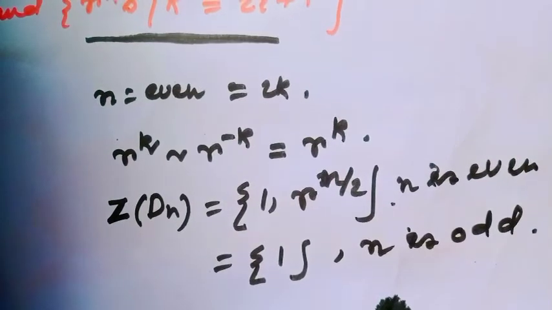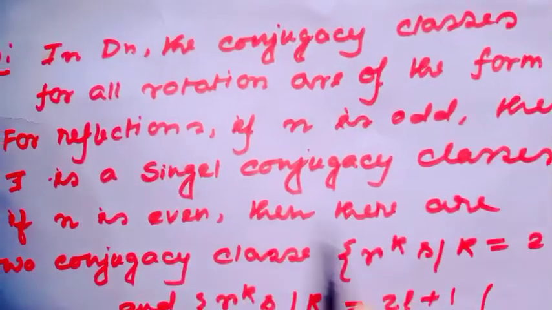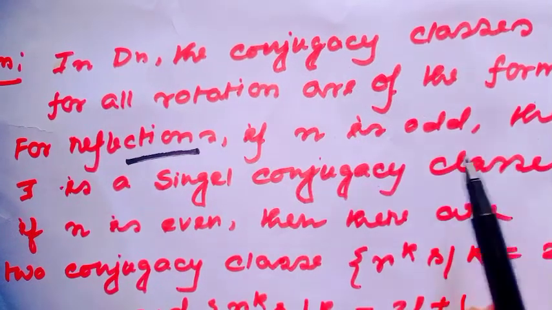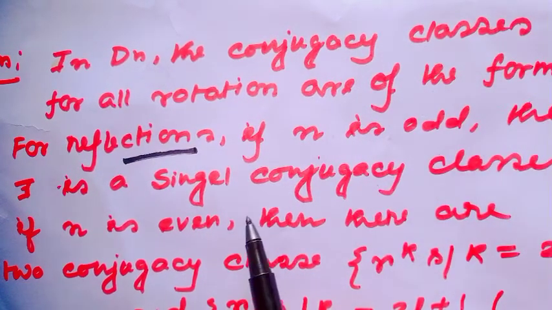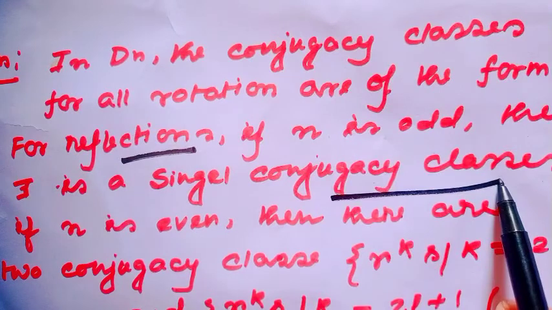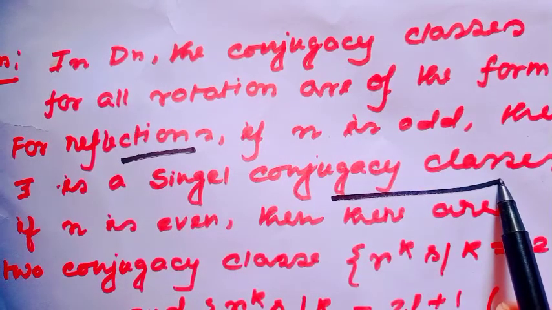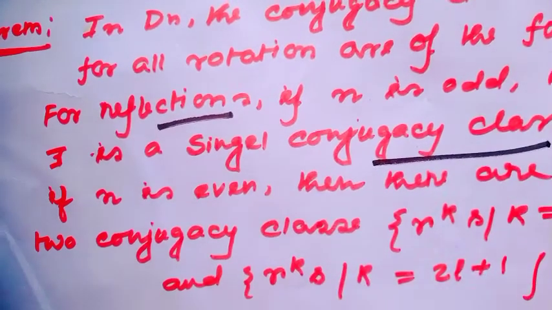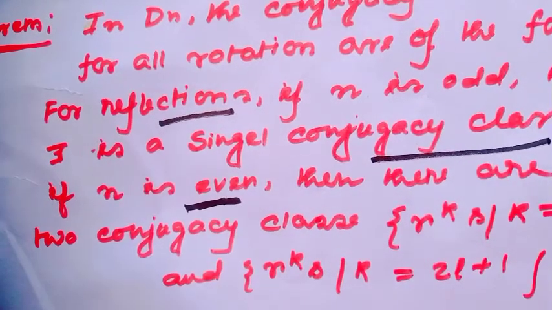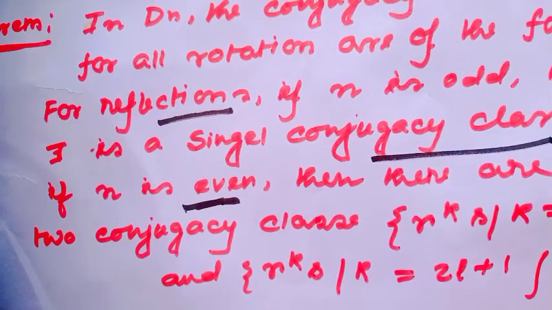Now see, is a reflection a member of Z(Dn)? For reflections, if n is odd, then there is a single conjugacy class. That means all reflections are conjugate to each other. But if n is even, then there are two conjugacy classes.